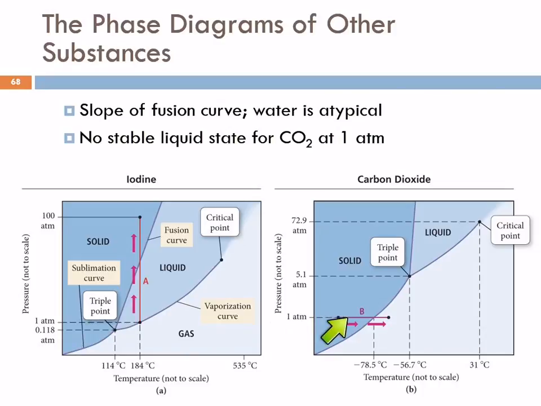As the temperature increases, it goes directly from a solid to a gas because this triple point is much higher. For iodine, at 1 atmosphere, you increase the temperature of the solid, it melts first and then becomes a gas. That doesn't happen with carbon dioxide. You can't have liquid carbon dioxide below 5.1 atmospheres of pressure. It's just crazy.